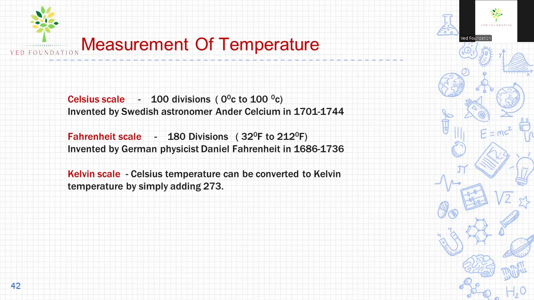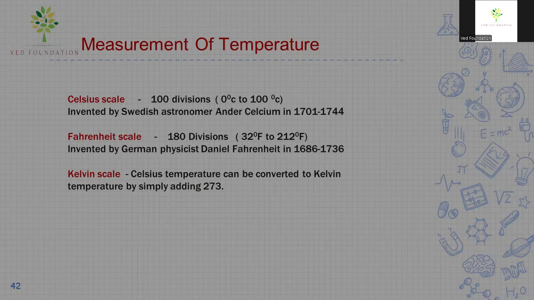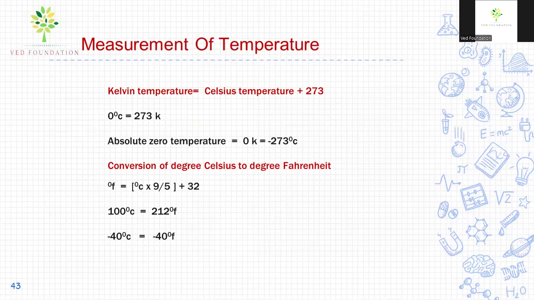In this way, we can change Kelvin scale into Celsius scale or Celsius scale into Fahrenheit scale. So these are the formulas to convert Kelvin into Celsius or Celsius into Fahrenheit and vice versa.